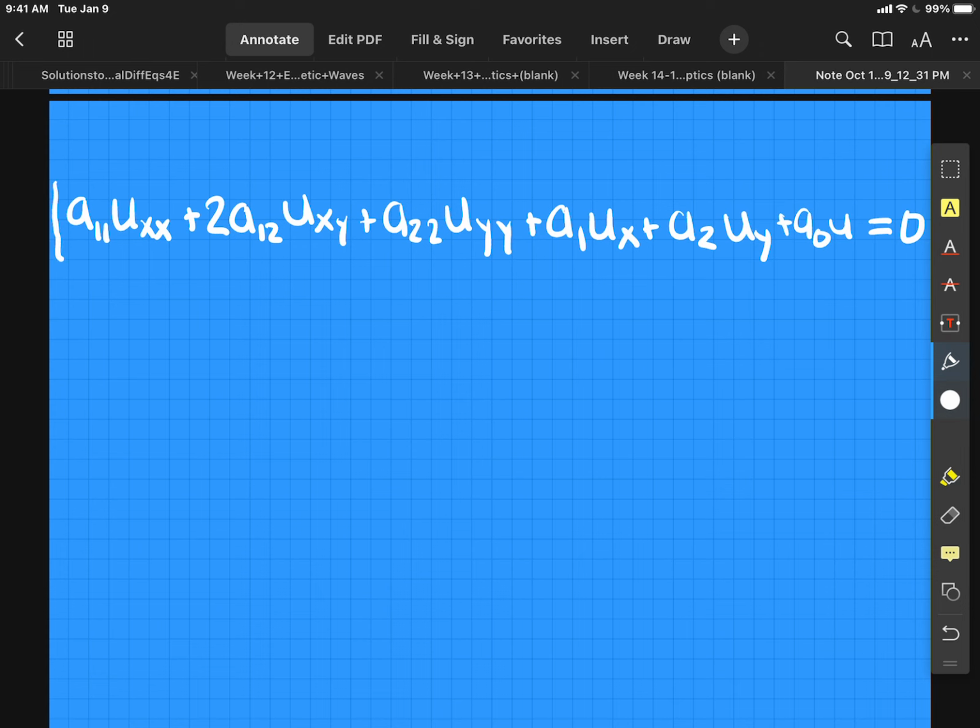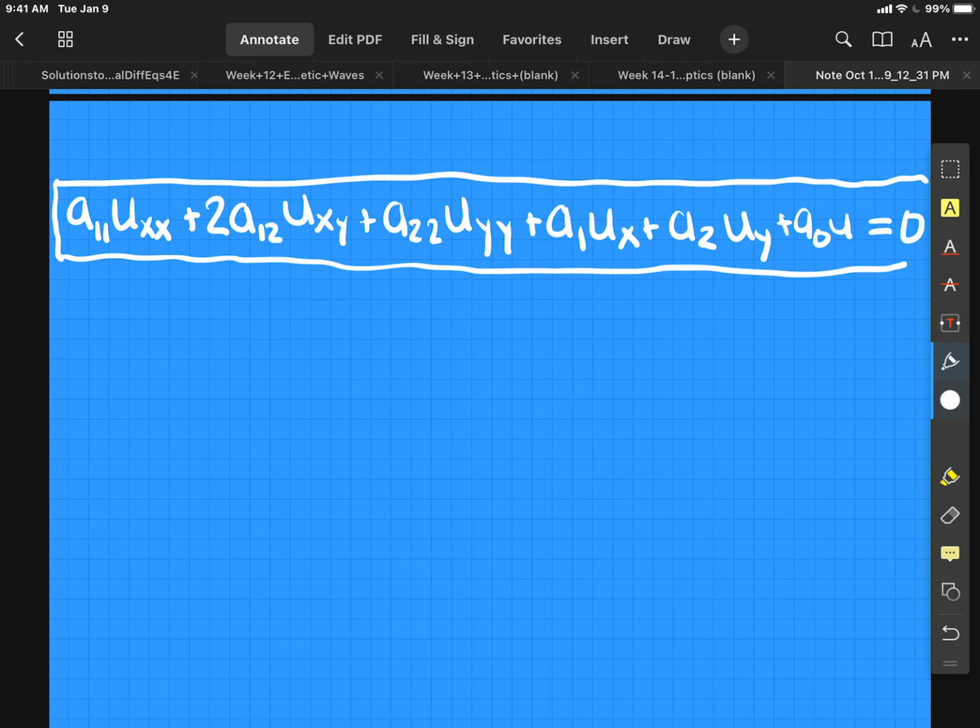And again, I'm going to just put this in a box because it's a framework for allowing us to decide whether a differential equation is being identified a certain way. And again, I'm just going to denote here that a sub nm are all real numbers. So in this case, they're just constants.